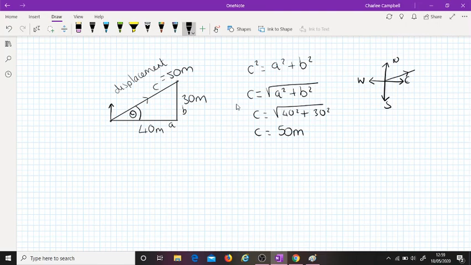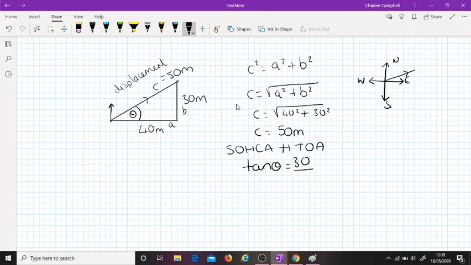So to work out the angle then, we're going to use SOHCAHTOA. Just to remind us, we've actually got all three sides, so we could use any one. I'm going to use tan. So tan of my angle equals my opposite, which is the one opposite the angle, so we come right across here, that's 30, divided by the adjacent, which is this one here.